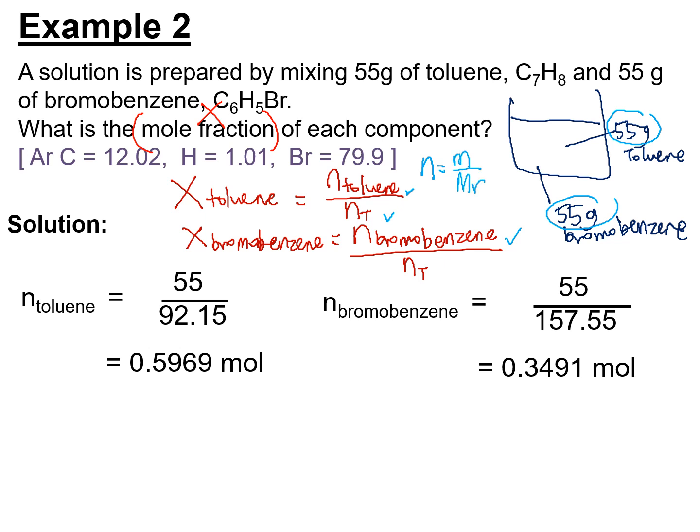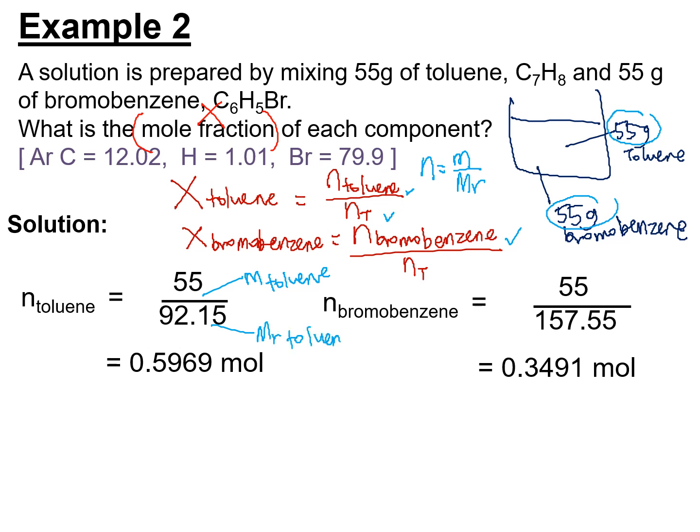Okay, so let's look at the solution. That's why you carilah number of mole of toluene and cari number of mole of bromobenzene. Nak cari number of mole of toluene, dah berat dia 55, divide by the molar mass of toluene. Okay, so this is the mass of toluene and this is the molar mass of toluene.